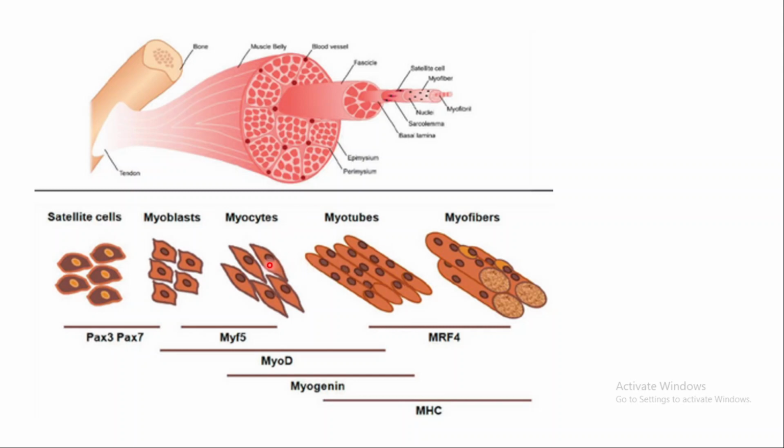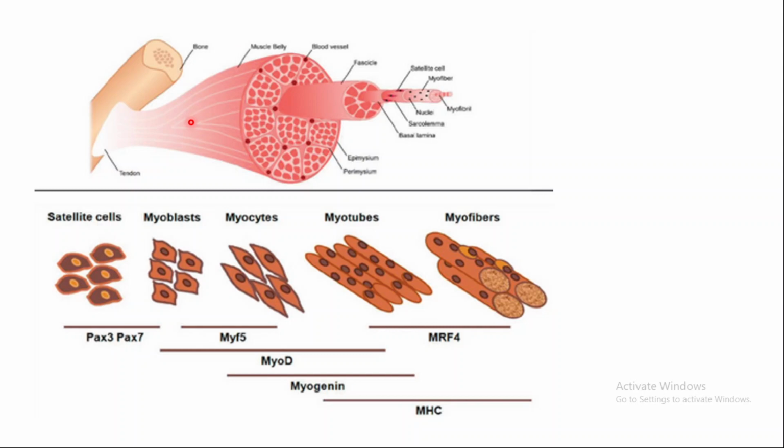You can see many such myocytes fusing together to form myotubes, and many such myotubes are bundled together to form myofibers. And here are some of the genes that are expressed or help in conversion of these satellite cells into myofibers. Many such myofibers will now make the fascicle, and many such fascicles will make the muscle body.